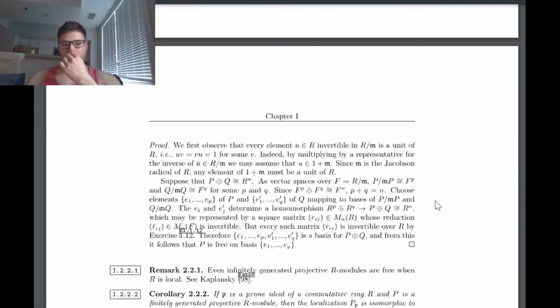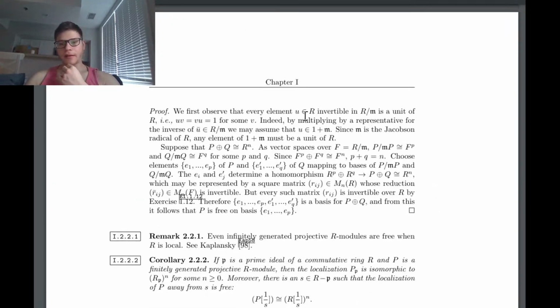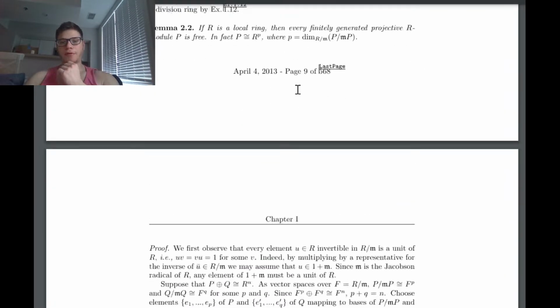Okay. We observe that every element invertible in R mod M is a unit of R, i.e. UV equals VU. So this is by locality, basically, because if you're invertible in R mod M, that means you're non-zero, that means you're outside M, which means you're a unit.